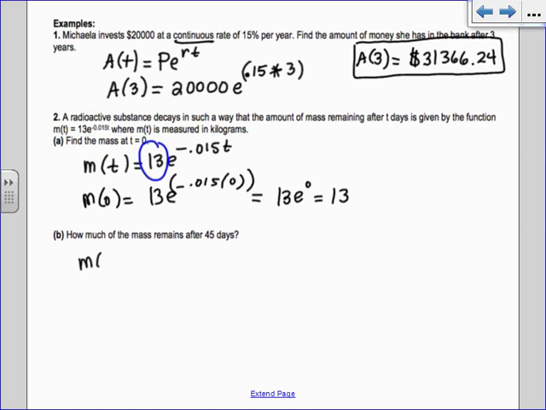Then it says, how much remains after 45 days? So we're plugging in 45 for t. We get 13e to the negative 0.015 times 45, so we end up getting 6.619 kilograms.